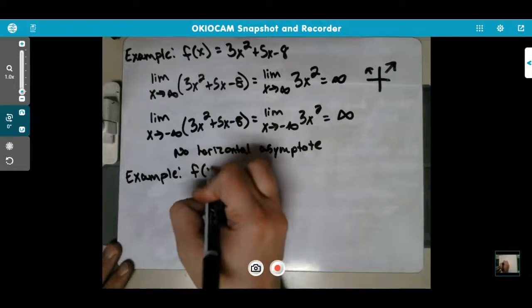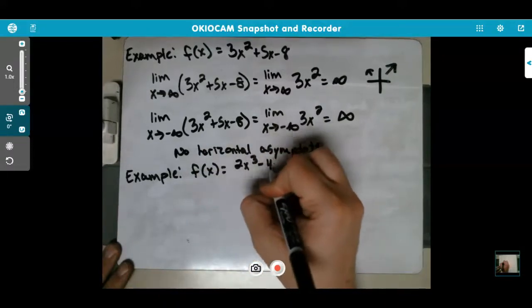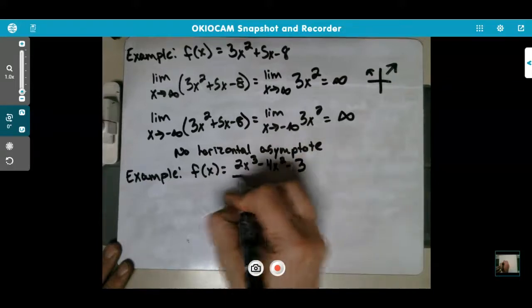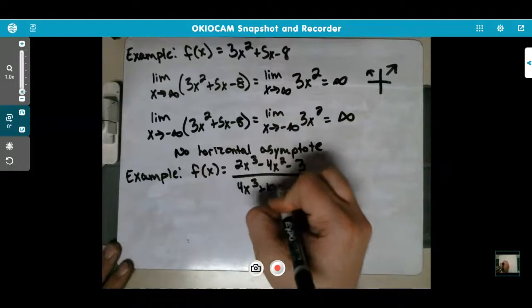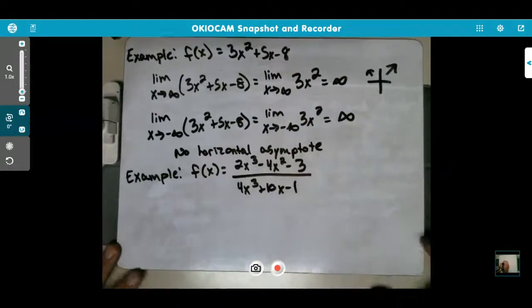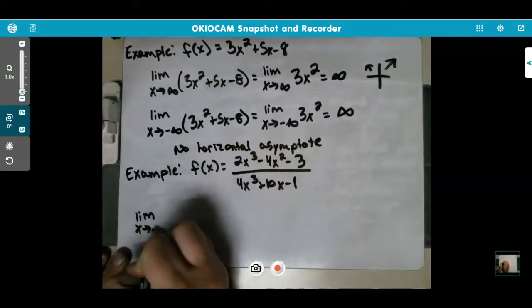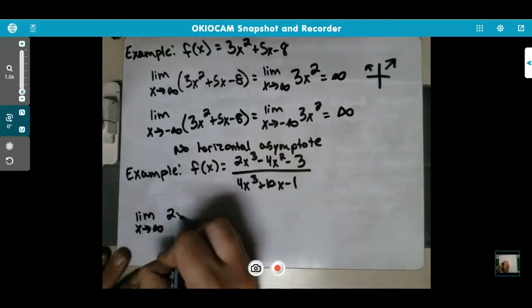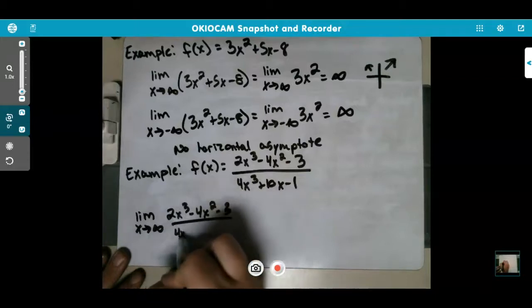This time the function is going to be f of x equals 2x cubed minus 4x squared minus 3 over 4x cubed plus 10x minus 1. Again, to know what happens on the right, do the limit as x goes to infinity. We only need the largest for each of these.